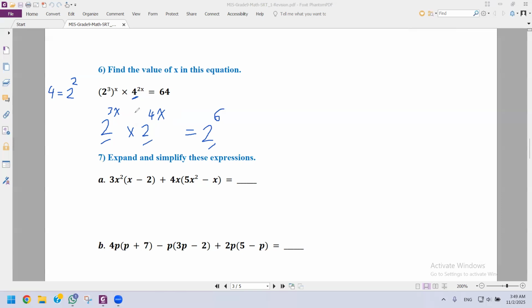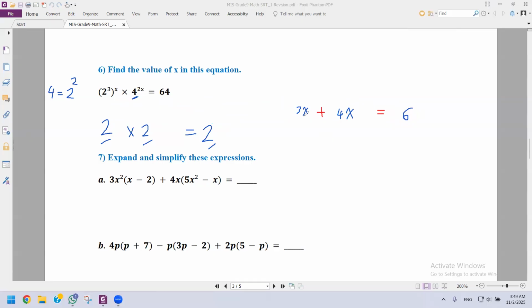In multiplication, what do I do? I add the powers. So 3x plus 4x is equal to 6. Now I only take the power because I'm interested in finding x. So let me take only the power and solve it as an equation. 3x plus 4x is equal to 6.